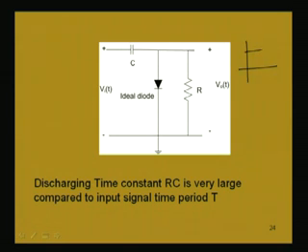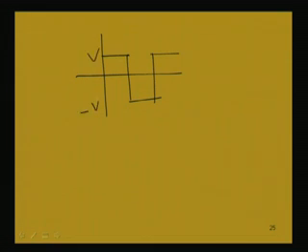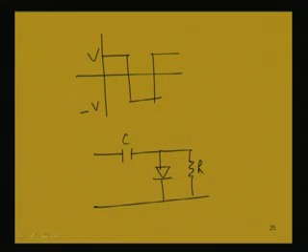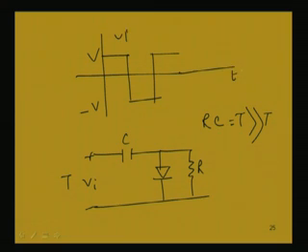Let us consider this half cycle, suppose we are giving a voltage like this, V and minus V. So, now we have this input voltage, and we have this capacitance, this is the diode, and there is a resistance, and this is C. The RC time constant is very, very large compared to the time period of the input signal Vi. Now, what will happen in the positive half cycle is that this capacitance will be charged because this diode will be conducting.